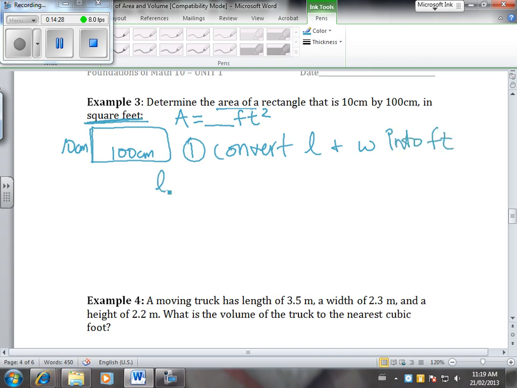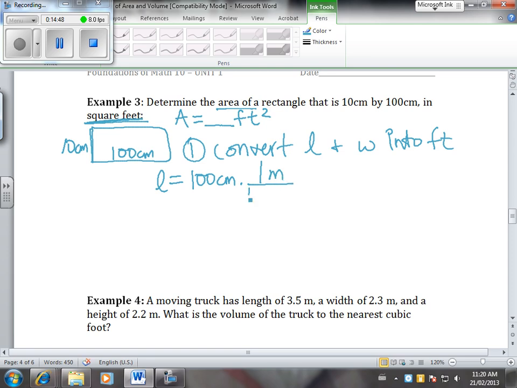First we have to convert length and width into feet. Okay, so length equals 100 centimeters. And we're going to have to do 2 conversions here because we have to go from centimeters to feet, and if you look at your conversion chart, there's not a direct one. So let's go from meters to feet.